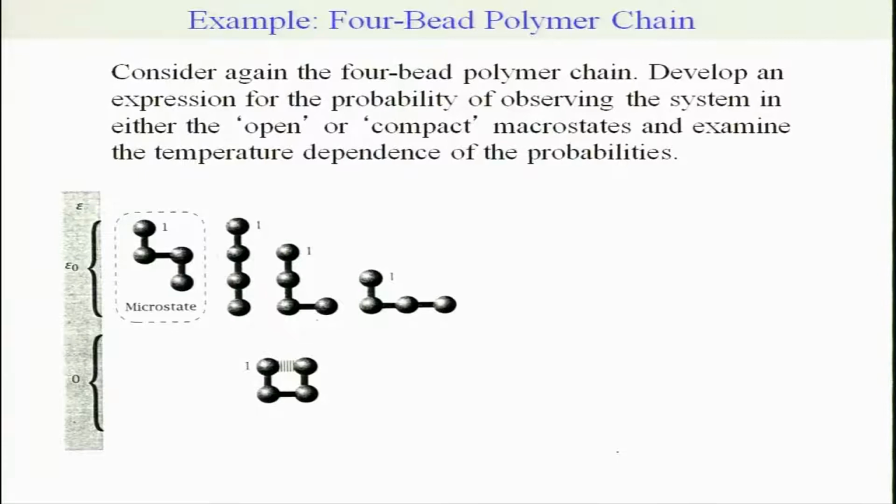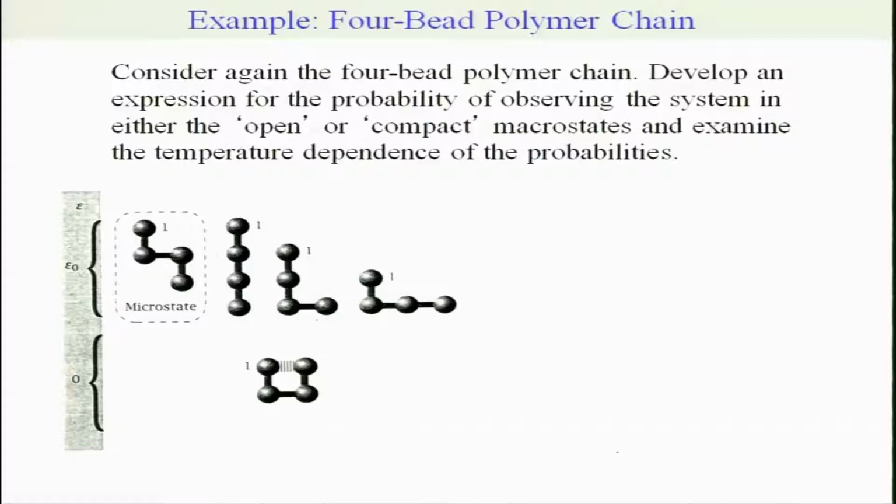So, let me try to explain this understanding and solve a simple example, which is a 4-bead polymer chain, which we started this lecture with as an objective to solve. Here you have two possible states. One is basically the open state and the other one is closed.